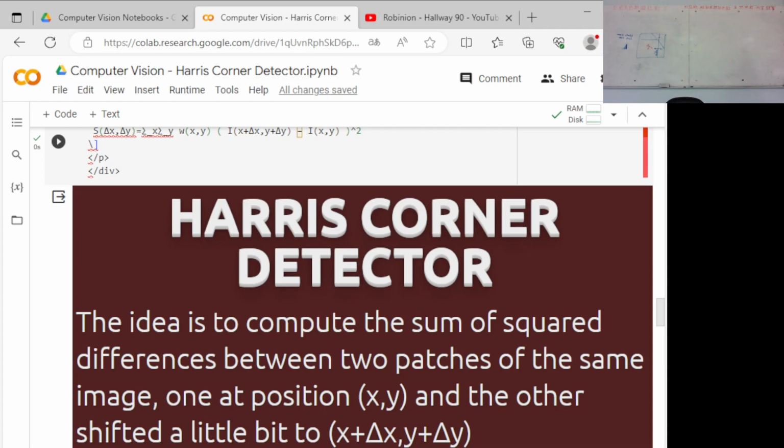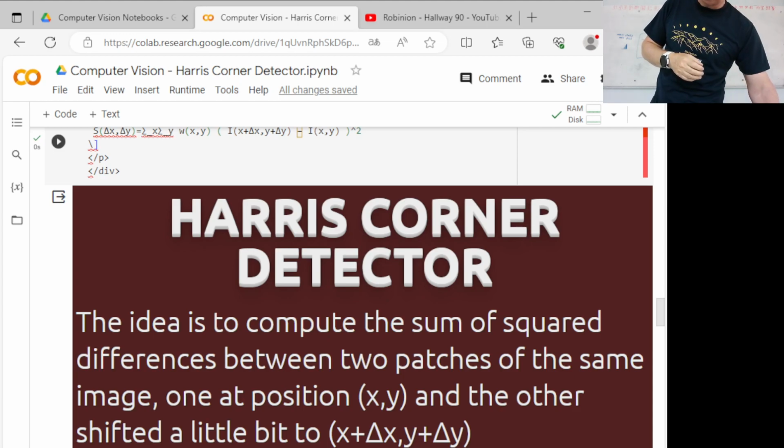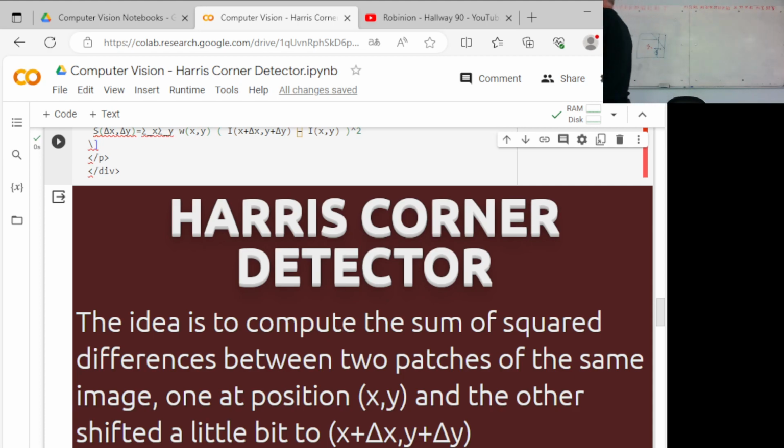Now, I don't want to do that for the entire image, right? Because different parts of the object, of the points are at different distances, so they move differently. So we use the windowing function to limit it. So that means I want to have a 5x5 patch or a 9x9 patch of the image. If that shifts, then there's a large difference to the unshifted image.